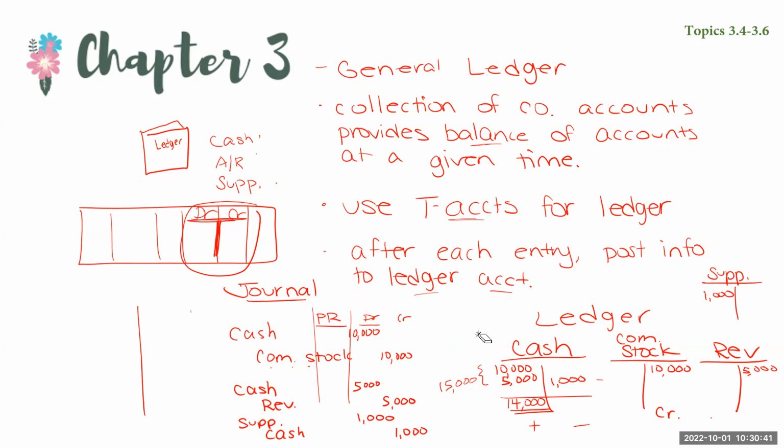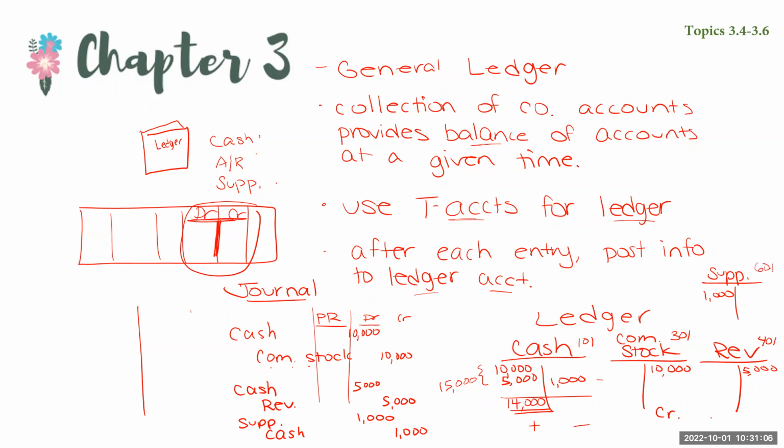You're going to read in your book about chart of accounts numbering. Basically, a company assigns numbers to all of their ledger accounts. So maybe cash is 101, common stock maybe is 301, revenue is 401, and supplies is maybe 601.